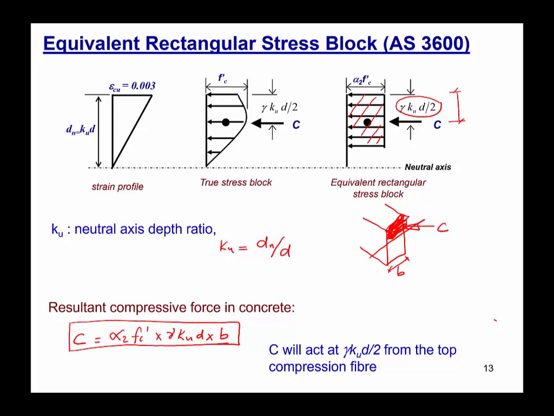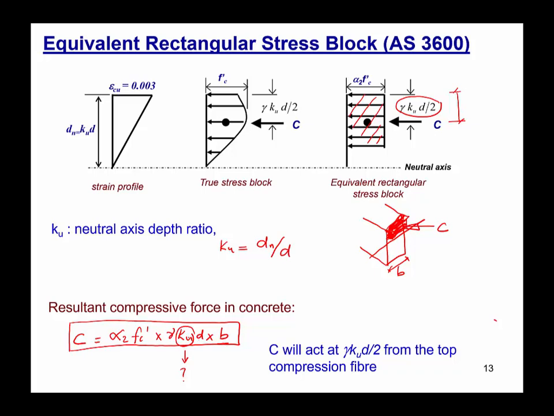Now we know all the parameters in this equation to find the compressive force acting in the concrete block except for Ku. Alpha 2 we can find out from the equation, and gamma we can find out from the equation as well. Fc dash is the strength of the concrete, which we already know. d is the effective depth from the cross section, and b is the width of the beam, which we already know.